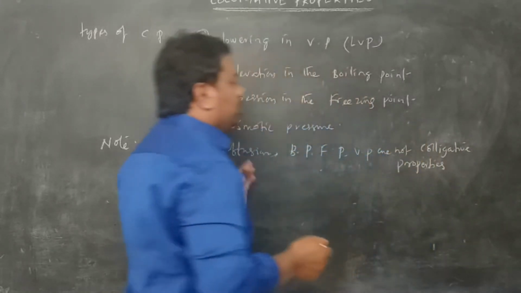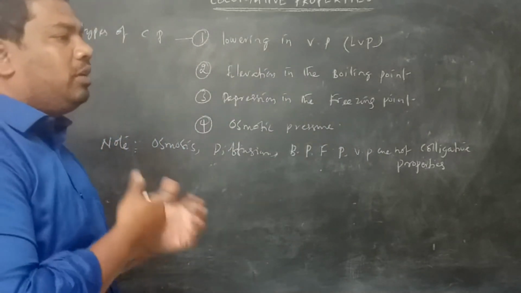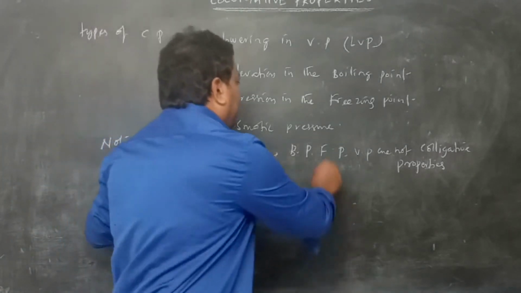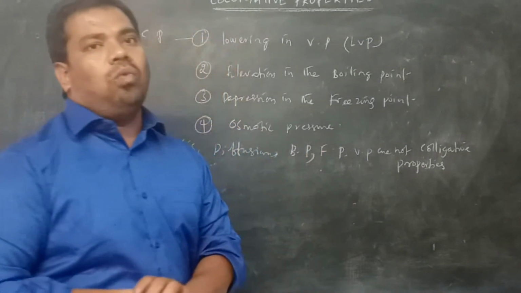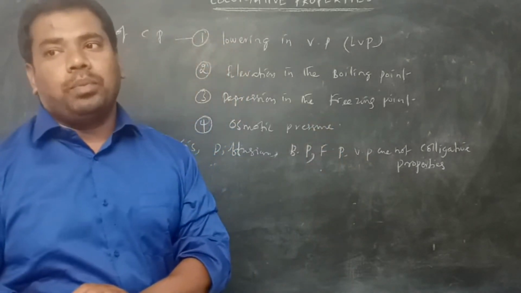Okay, clear, students? So diffusion and osmosis are not colligative properties. Elevation in boiling point is a colligative property, not the boiling point itself. And the freezing point and vapor pressure are not colligative properties. That is very, very important, students.